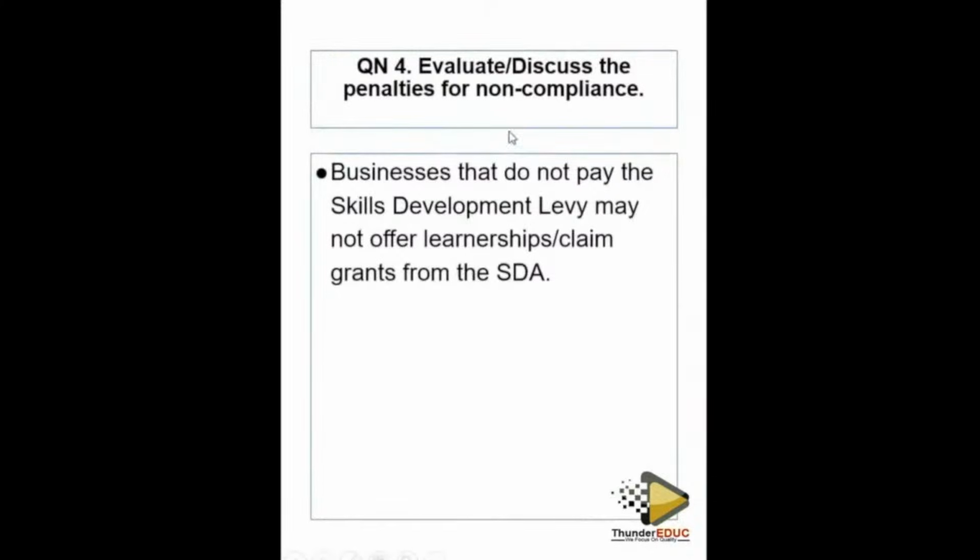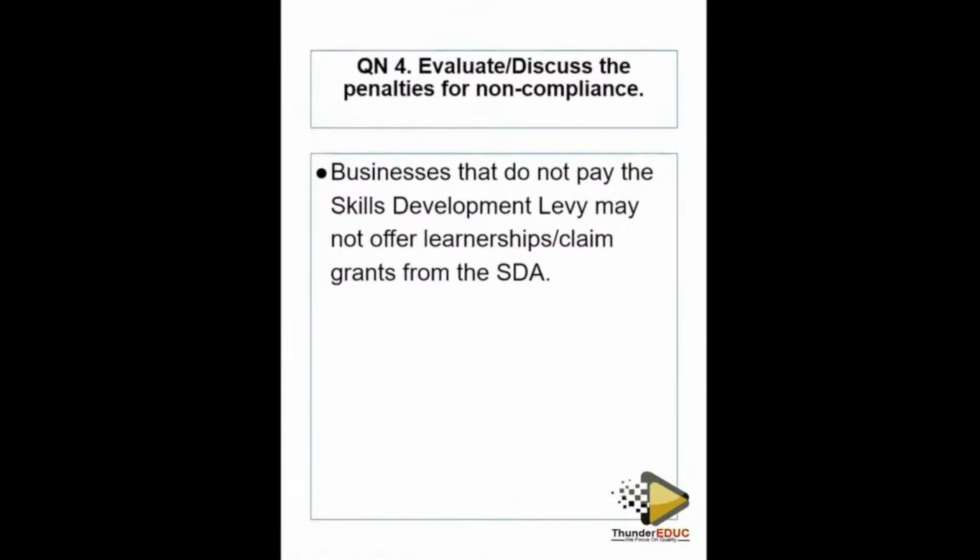We have the penalties for businesses that fail to comply, because there are businesses that can qualify to take part in this SETA. But you find that upon receiving such money to finance the training, instead of using that money appropriately, they divert it towards their own pockets. So now let's check what the charge would be if those businesses don't comply with SETA or SDA expectations.